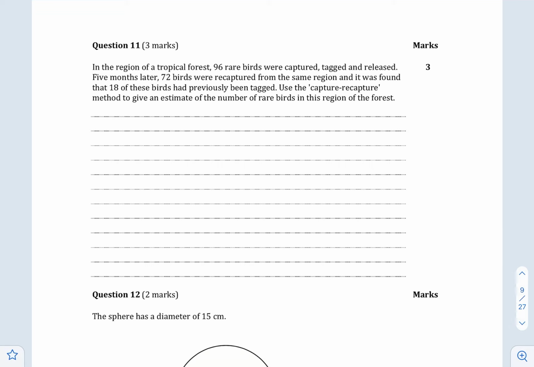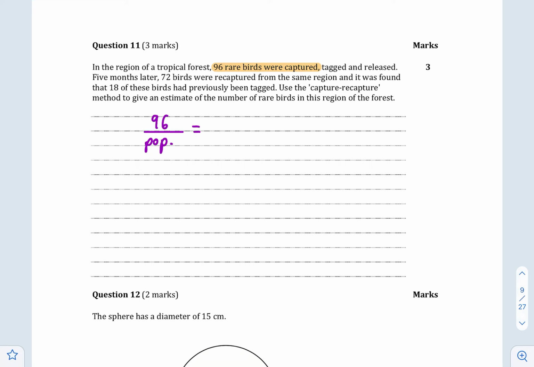So we've got 96 rare birds were captured. Where some people go wrong with this is they don't consider how many they are being captured out of. 96 birds were captured out of the population. I'm going to use just the word pop for that. It's a bit easier to write.